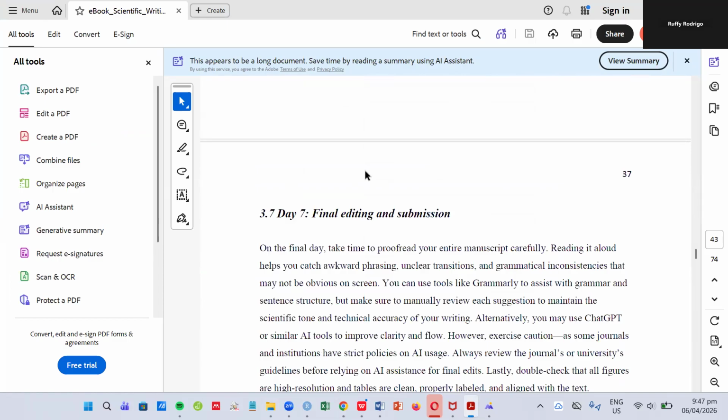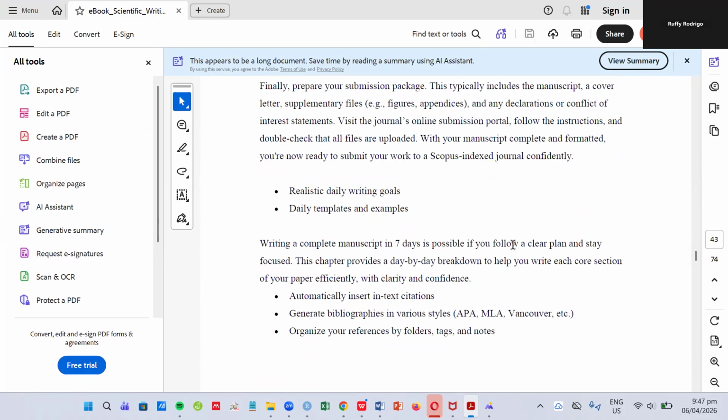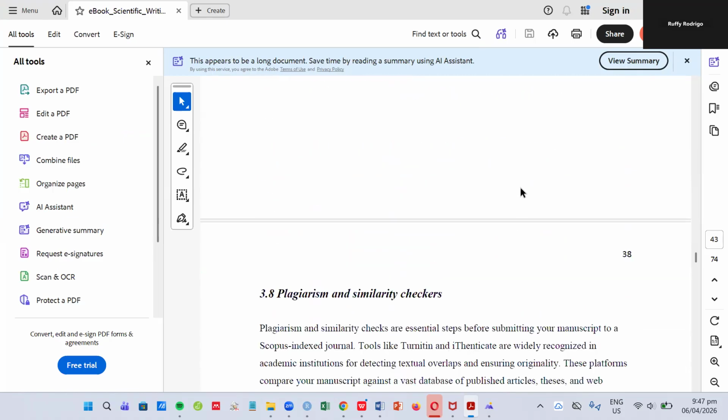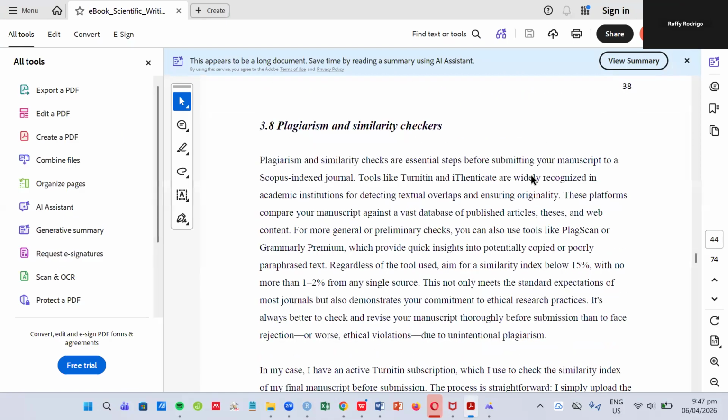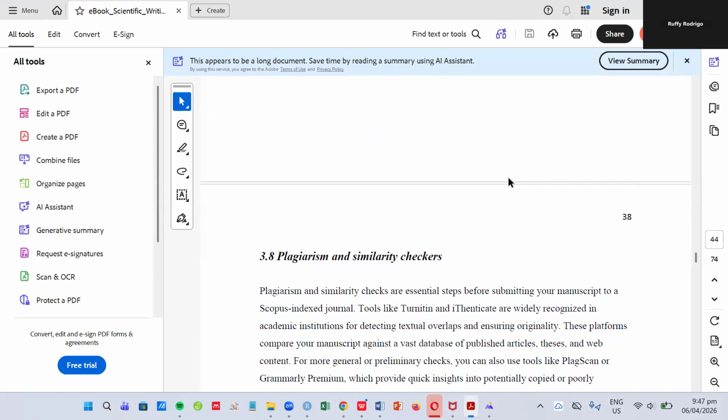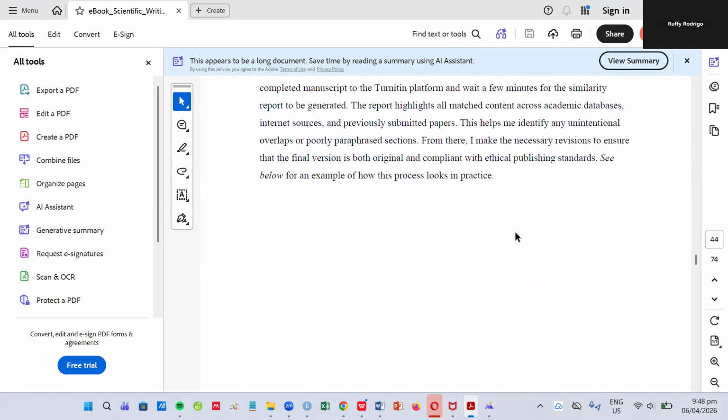And then for day seven, final editing and submission. So again, I don't think one day is enough, but what I'm trying to say here is you can spend one day for editing the grammar, the flow, the spelling. Also, other journals want a similarity checker like Turnitin, so you can actually just do that.